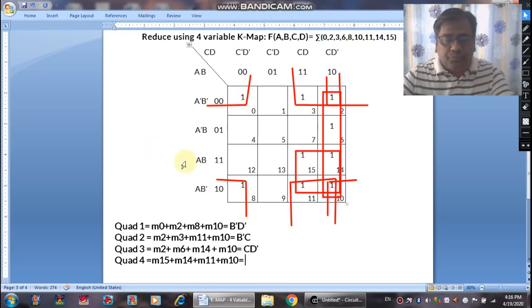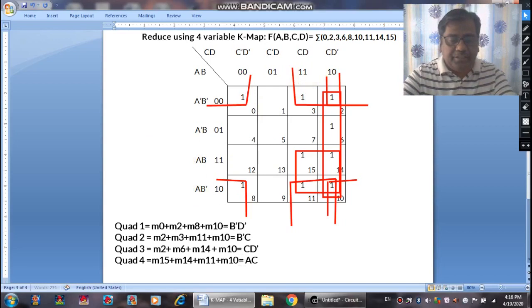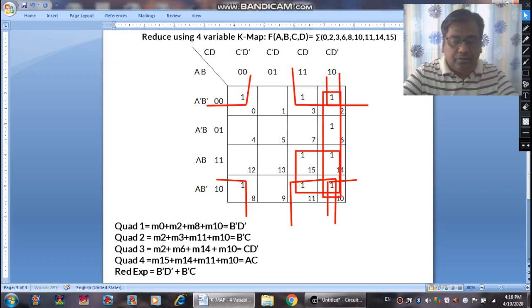The answer for this will be, from the left it will be A and from the top it will be C. That means the answer will be AC, and therefore the reduced expression for this answer will be B bar D bar plus B bar C plus C D bar plus AC.